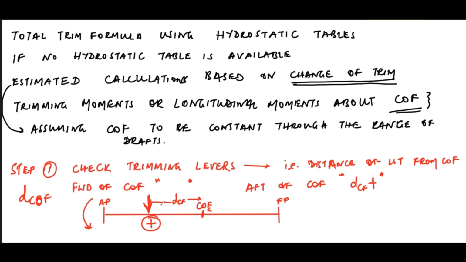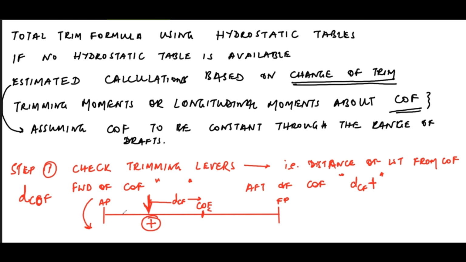So therefore, you see, what is the purpose of a moment? The purpose of a moment is to rotate. So when we rotate, we need a pivot point. That pivot point, we are calling it as the center of rotation. Now, what rotation is taking place here is that the bow is going to come up, the stern is going to go down. So we are increasing the trim.